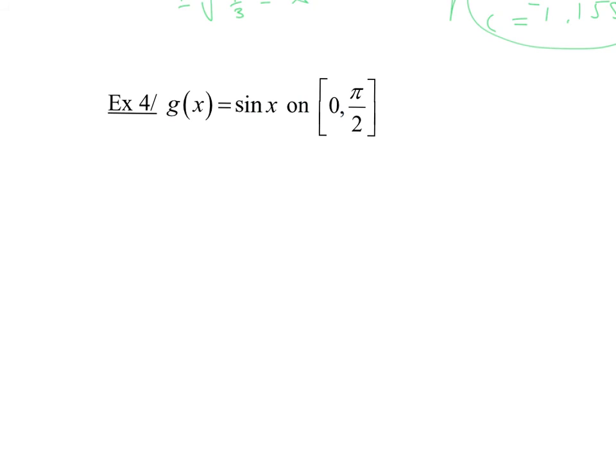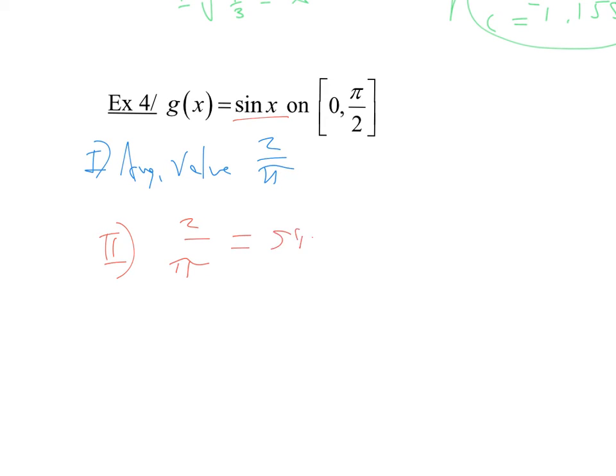Okay, guys, for this one the other day, I found that the average value was 2 divided by pi. So in step 2, I'm going to say 2 divided by pi equals the sine of C. Well, there's a couple ways to do this. Again, graph these independently in your calculator, see where they intersect.